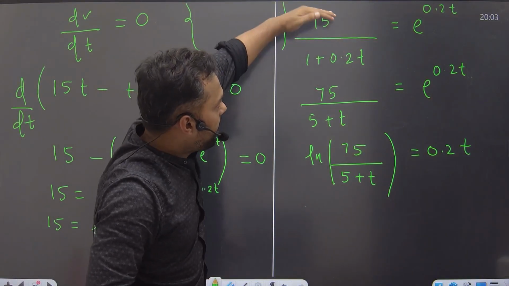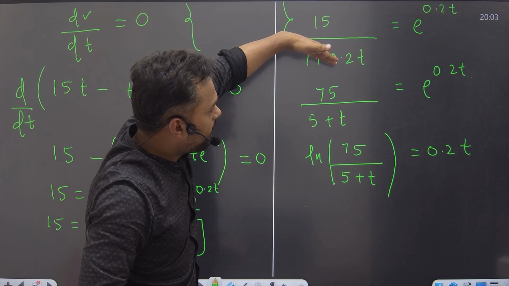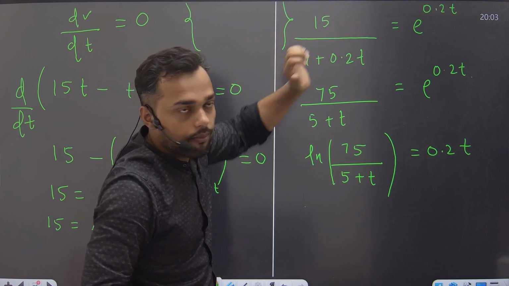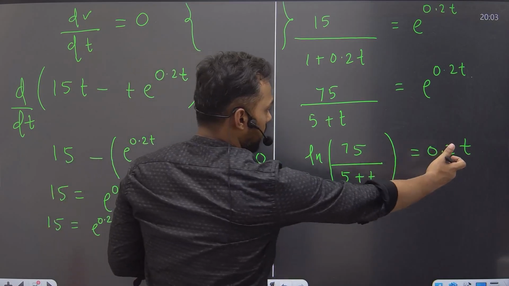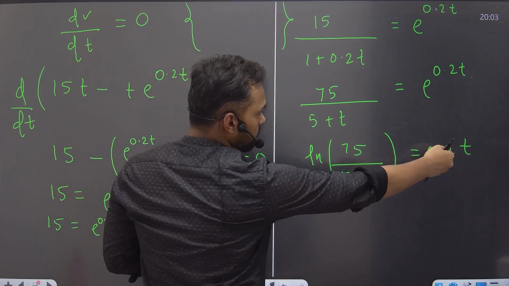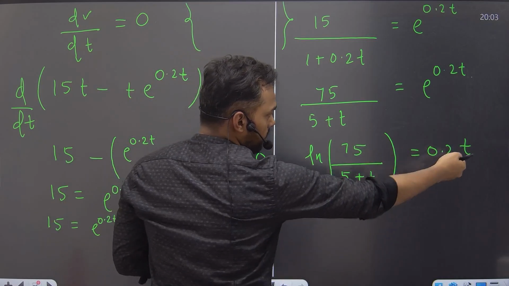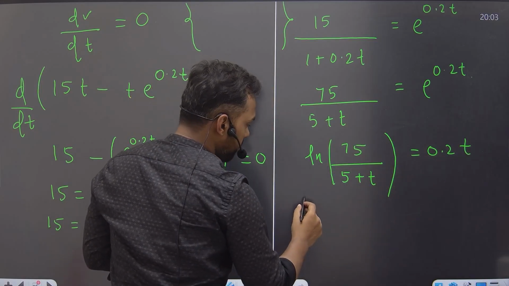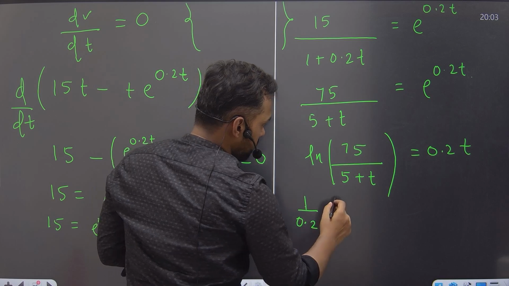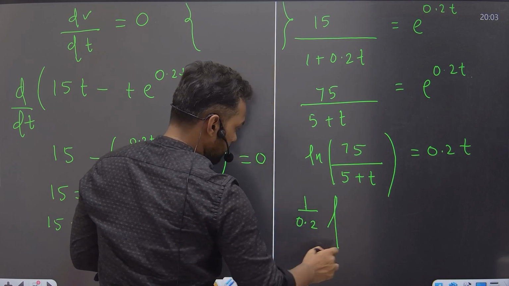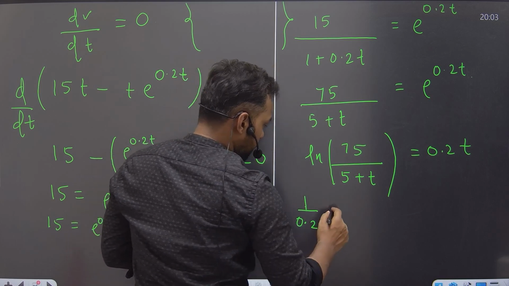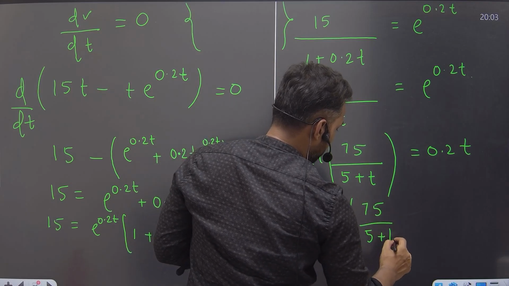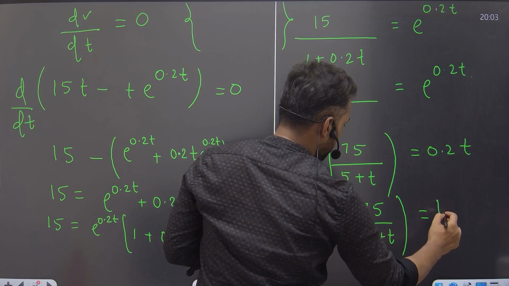We have multiplied 5 in the numerator and denominator to make the decimal point into absolute format. After this, see, 0.2 is written on the right hand side. We'll take this 0.2 to the denominator on the left hand side, so it will be 1 by 0.2 ln 75 upon 5 plus t equals t, student.